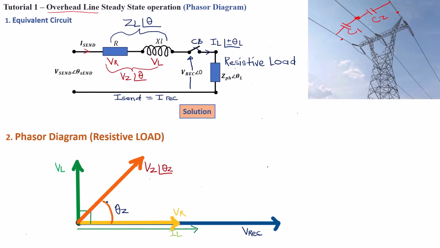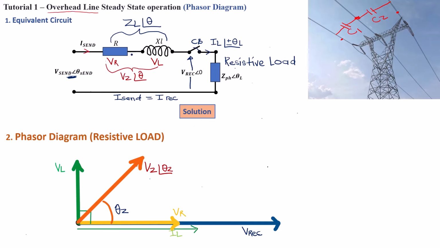Great. Now that we've got VZ drawn on our phasor diagram, the next thing is we just need to draw the V sending. Now, we know that through the working of this equivalent circuit, V sending is going to be greater than the V receiving. And why?